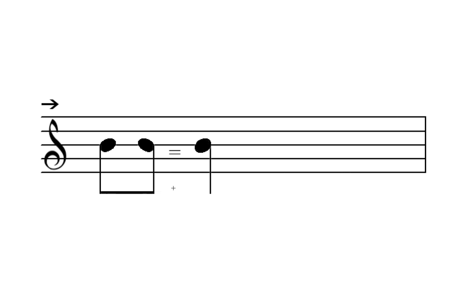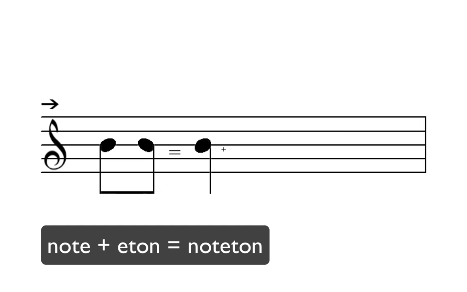Now after the equal sign we see another, different symbol, and this is a so-called noted tone. So in logic, when we connect the word note, N-O-T-E, plus the word E-tone, we obtain a new denotation, noted tone.